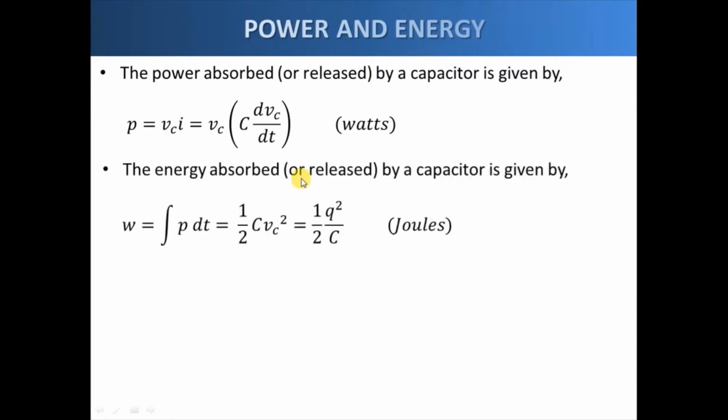The energy absorbed or released by the capacitor can be derived by simply integrating the formula for P dt. Since P is given by this one, we can plug it here and you will get 1/2 C V_C squared. And since we have a relationship Q equals C V_C, we can also express the energy absorbed or released by the capacitor in terms of the Q that is being stored by the capacitor.